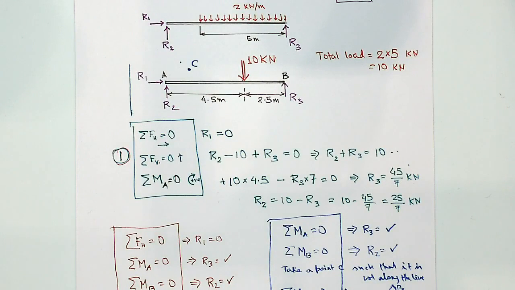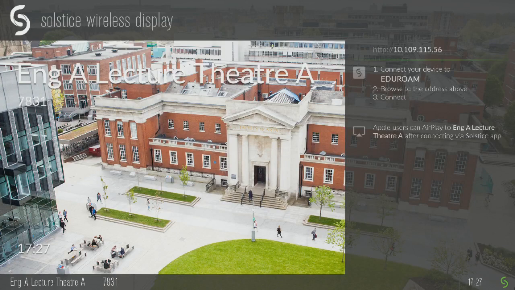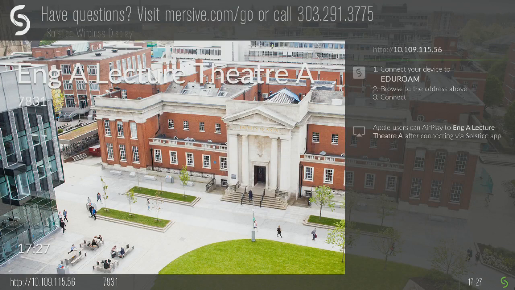Now I'm tempted to show you how the beam would deflect, for example. Let me try to see whether I can get it through to the screen.